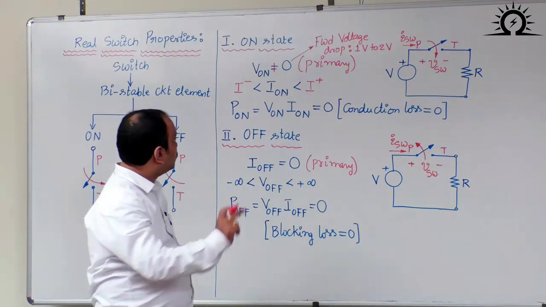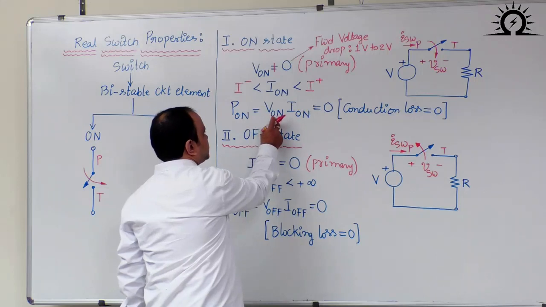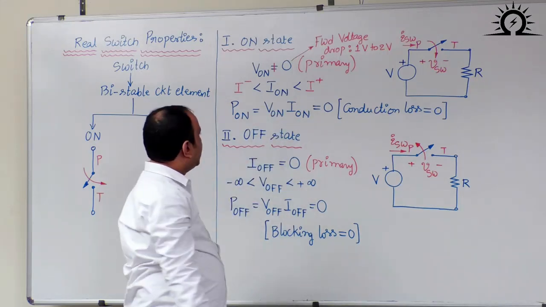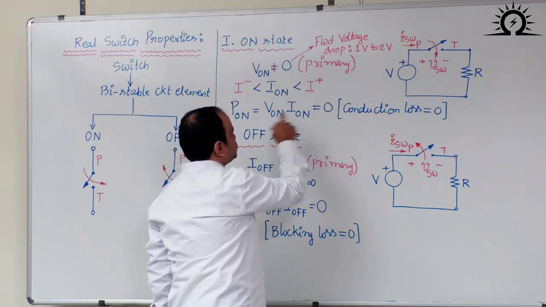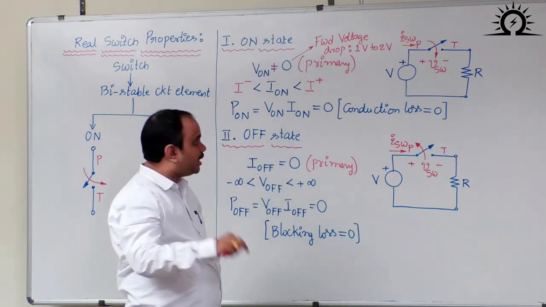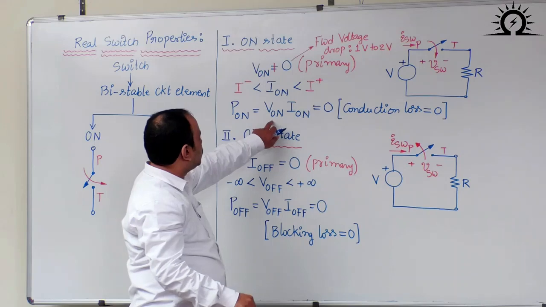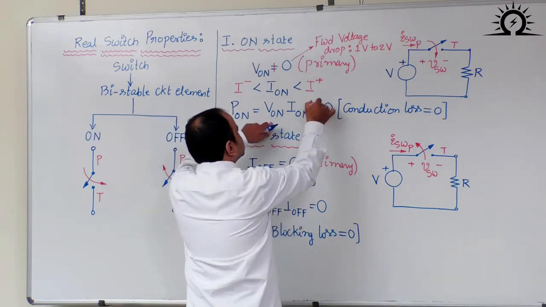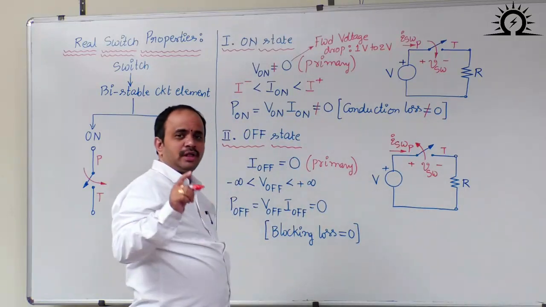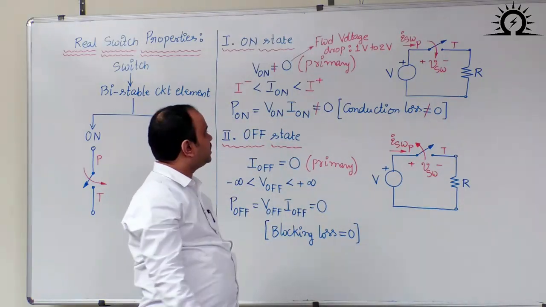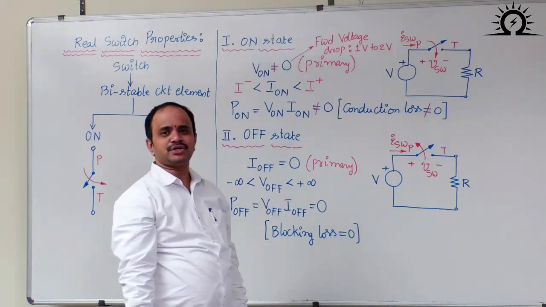Now, what could be the modification? By this time you should understand. Earlier, when V on is equal to 0, this product was 0, ideally. But due to this V on, there is some amount of power loss. So when the switch is in the on state, there will be some conduction loss.